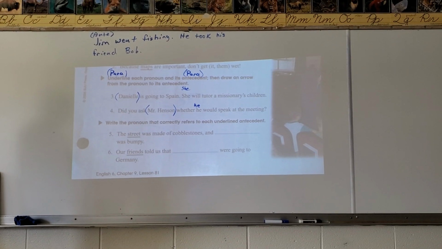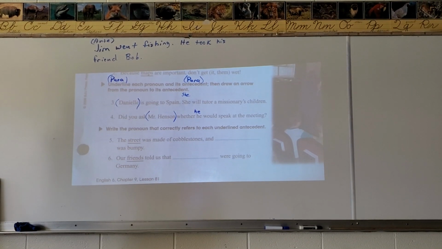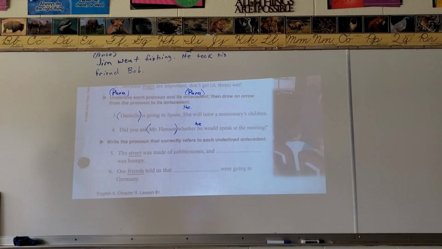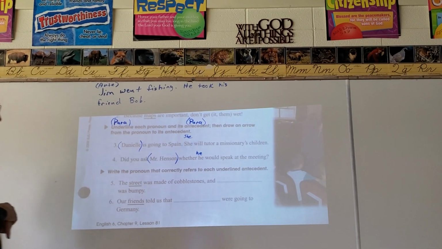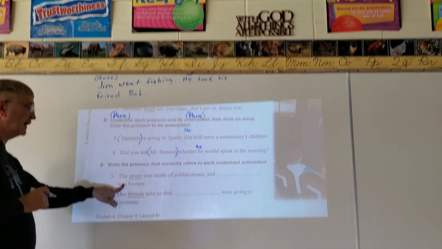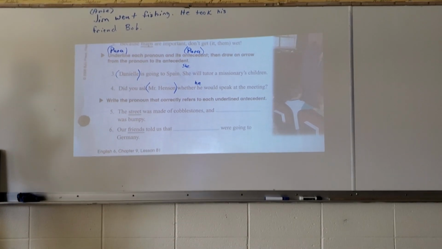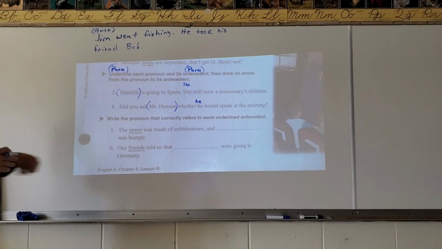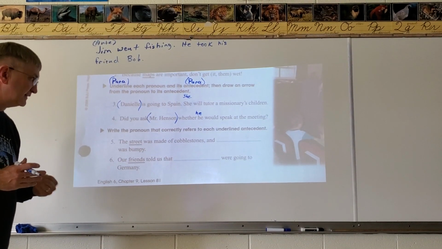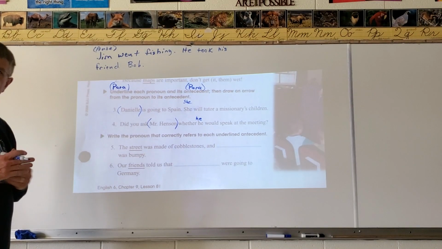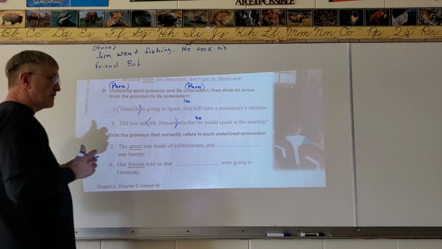All right, now next part, last part, we have write the pronoun that correctly refers to each underlined antecedent. All right, the street was made of cobblestone and blank was bumpy. All right, street. Well, it's not a he. It's not a them. It's not a she, not a her, so there's only one choice that remains.